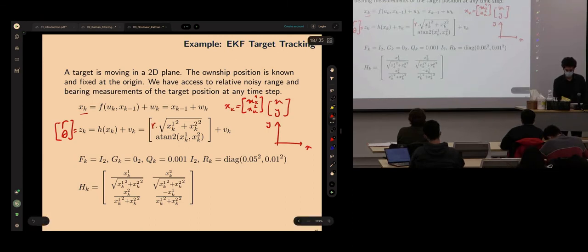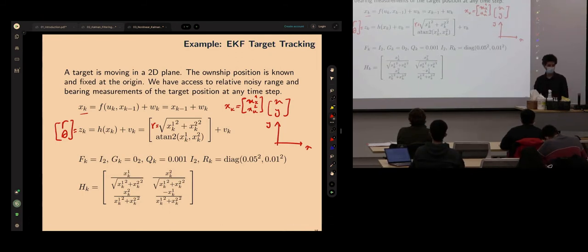This will give you r, right, the range. And the angle with respect to the y-axis will be that arctangent 2. Okay, so now we have our measurement model that relates the state to predict the measurement. It is clearly nonlinear because of the squared variables, the square root, arctangent 2.